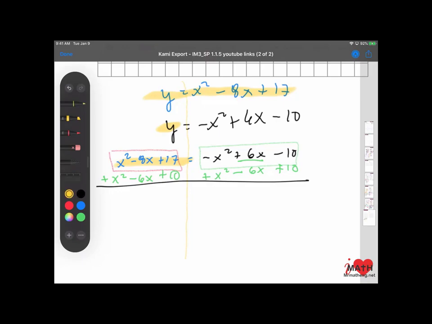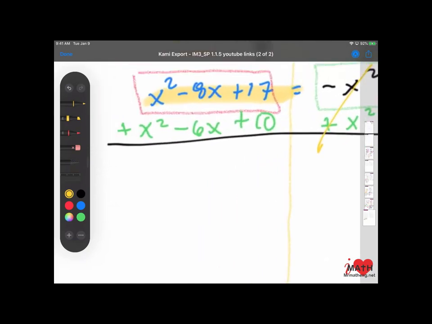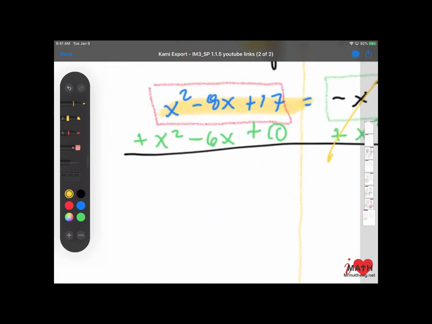So you notice over here, negative 1 plus 1 gives you 0, 6 minus 6 is 0, negative 10 plus 10 is 0. Okay, so I have a 1 and a 1 here, so this will give us 2x squared minus 14x plus 27.